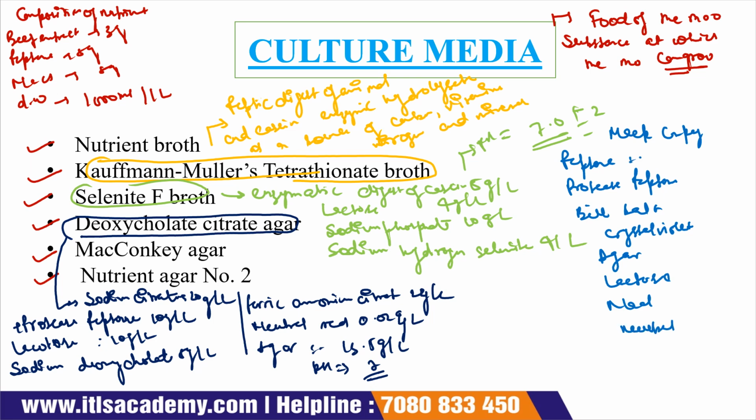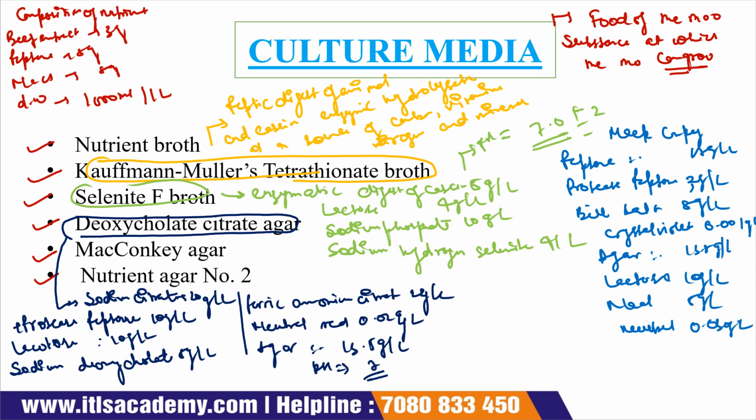Okay, so peptone will be 17 gram per liter, protease peptone will be 3 gram per liter, bile salt will be 5 gram per liter, crystal violet will be 0.001 gram per liter, agar will be 13.5 gram per liter, lactose will be 10 gram per liter, sodium chloride will be 5 gram per liter, and neutral red is around 0.030 gram per liter.